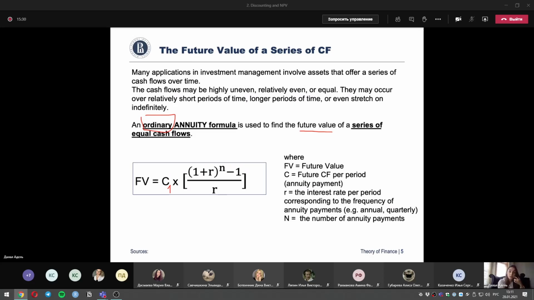Okay, any questions so far regarding annuities? Then a question to you. What about assets that provide a series of equal cash flows over some predetermined time? Can you name any examples of such assets where we can apply this annuity formula?